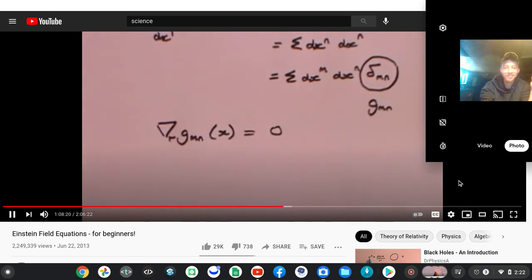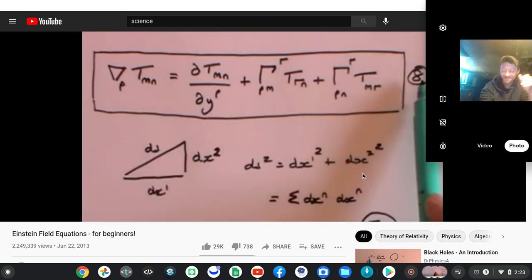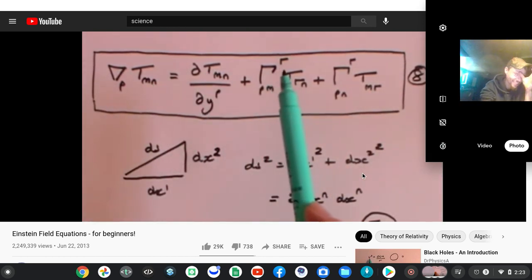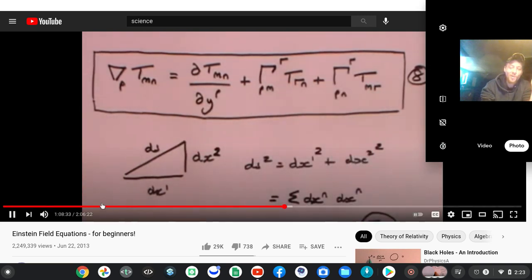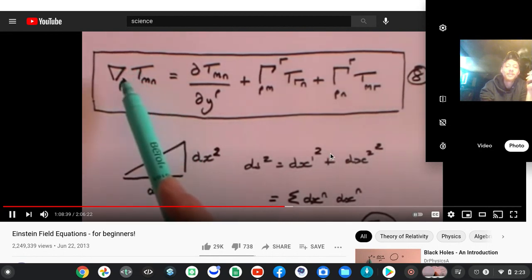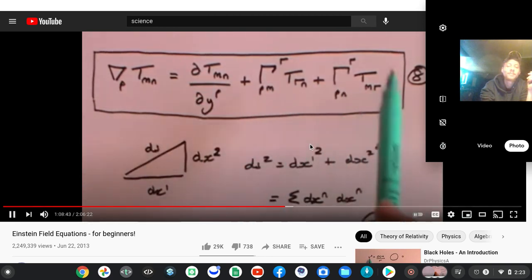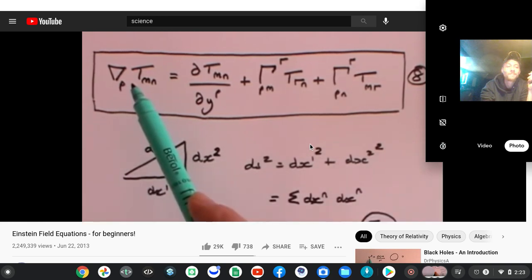Which means if we take this formula up here, equation number 8, and write it out again, but put G in place of all the T's, we will have a value of the covariant derivative of G in terms of all these terms, but the covariant derivative of G, of course, always equals 0.